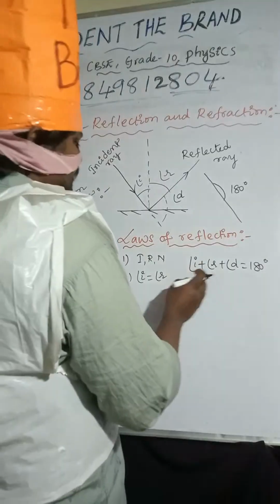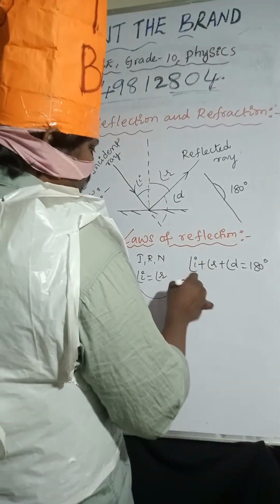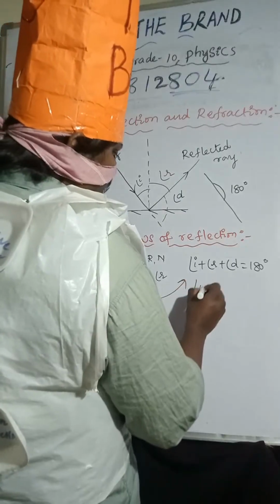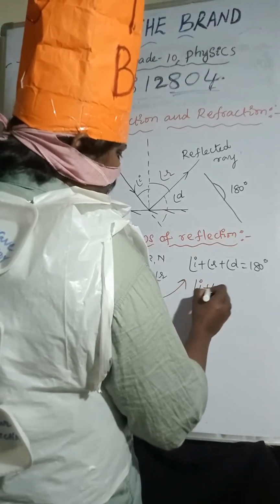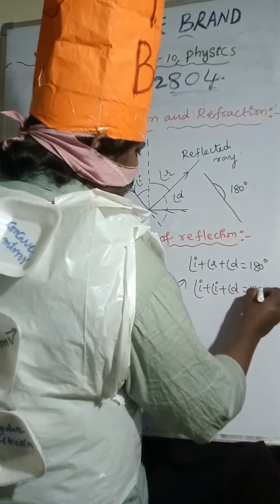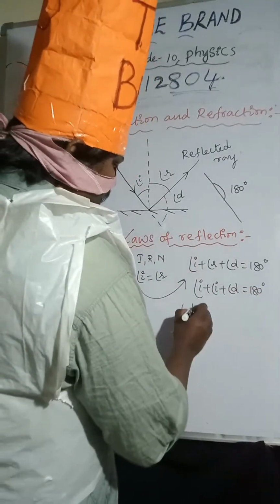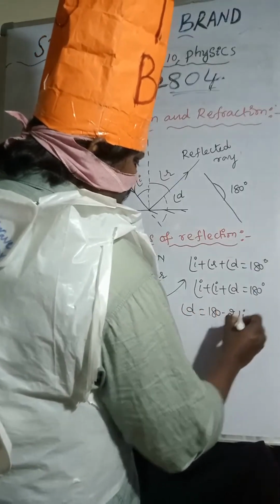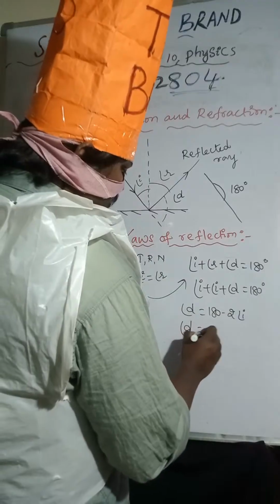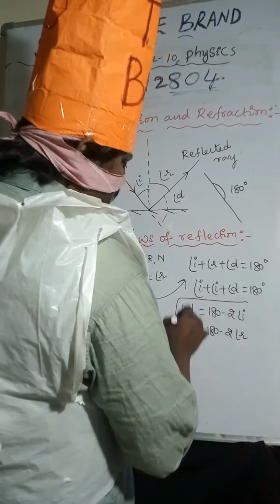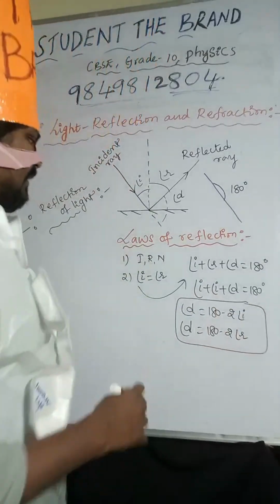So angle of reflection plus angle of incidence plus angle of incidence plus angle of deviation equals 180 degrees. Angle of deviation equals 180 minus 2 times the angle of incidence. Angle of deviation equals 180 minus 2 times the angle of reflection.